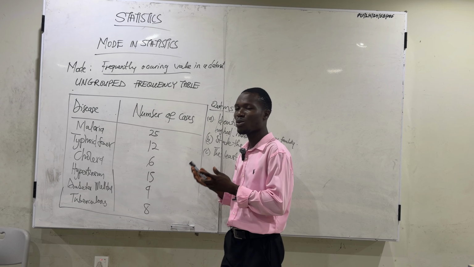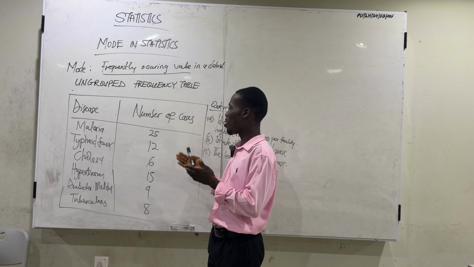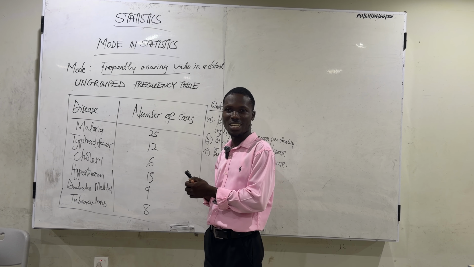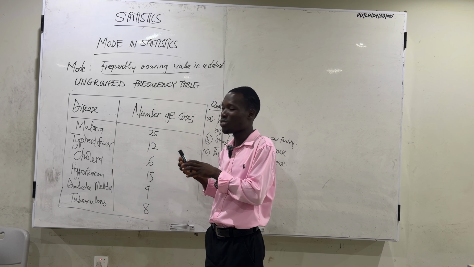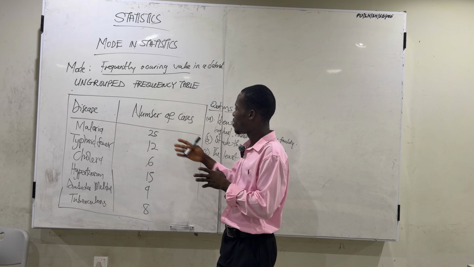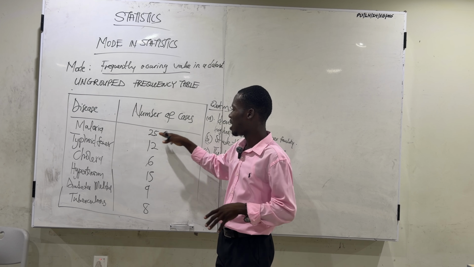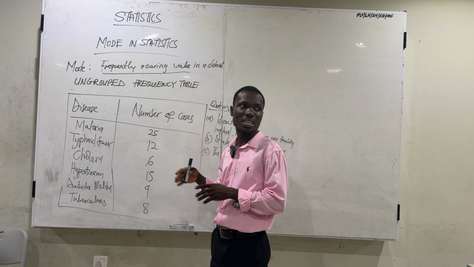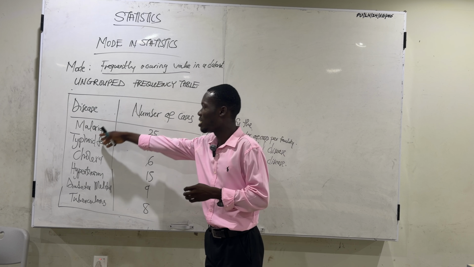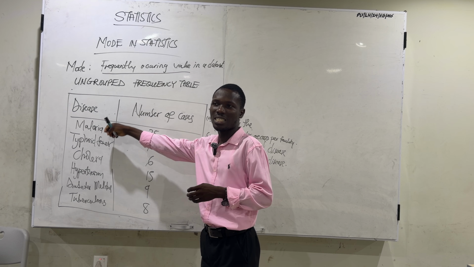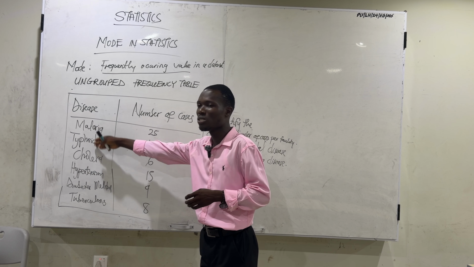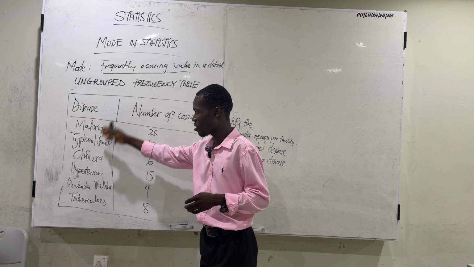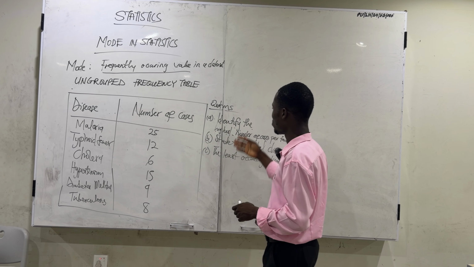But they can also ask you about the highest frequency, or the disease with the highest frequency. Please look at it that way. If they are asking you the highest frequency, then it becomes the number. But if they are asking you the disease that recorded the highest frequency, you use malaria for it.